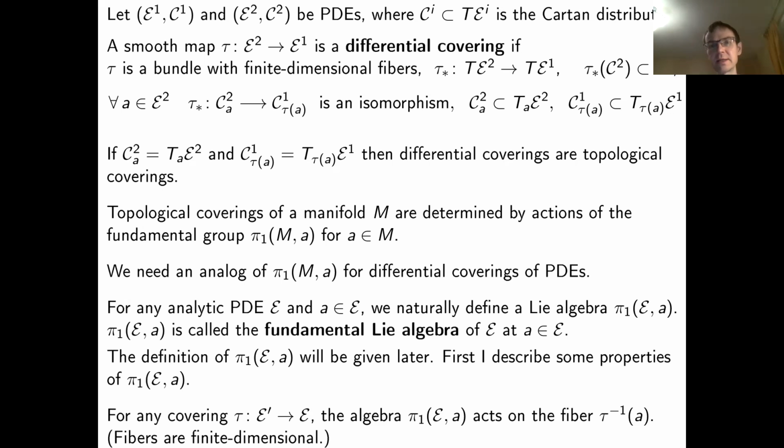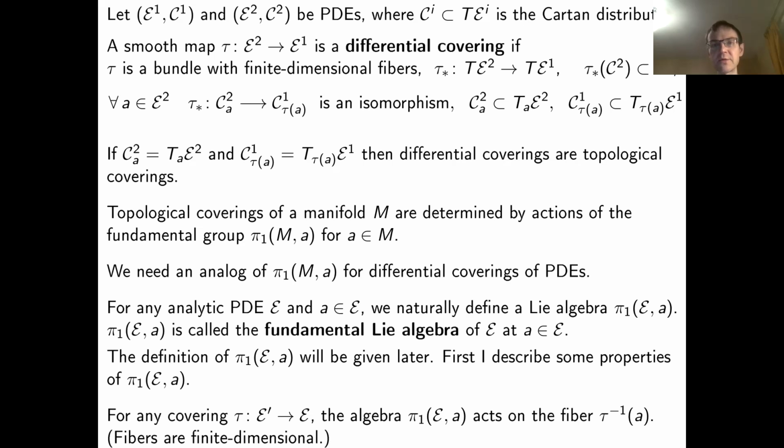Moreover, the structure of differential coverings is so rich that one can expect an infinite dimensional Lie group as a fundamental group for PDEs. But it is not convenient to work with infinite dimensional Lie groups.